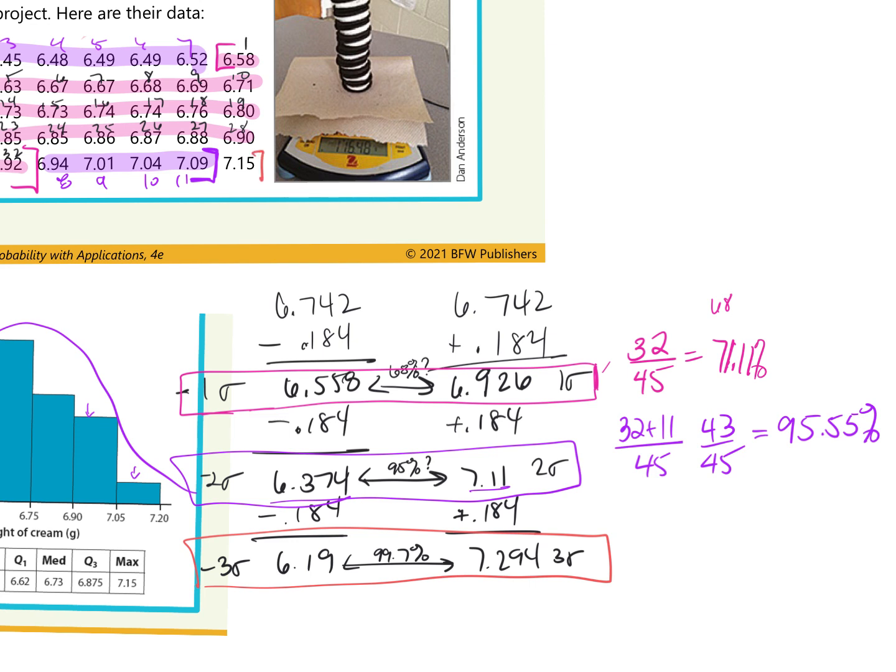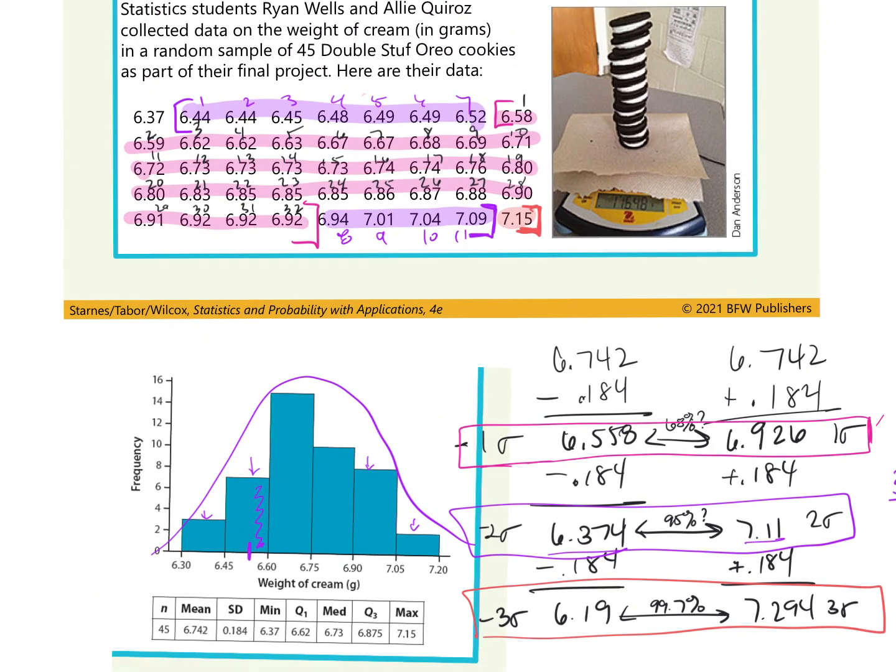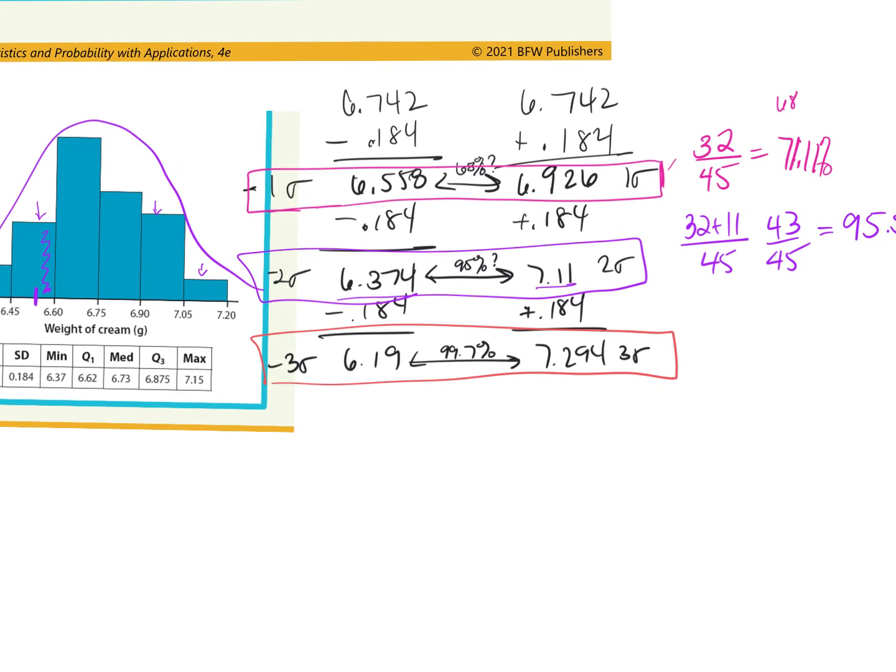So our last value, 7.15 here, is definitely included, and the 6.37 is also included. So it adds our last 2 data values, which makes it 100% of the data, right? 45 out of 45 are within 3 standard deviations of the mean. So we're really close to those estimates.